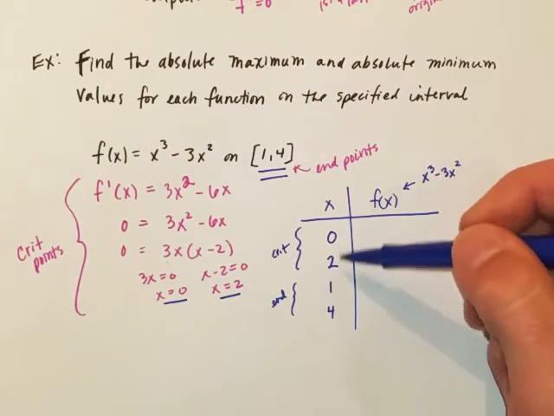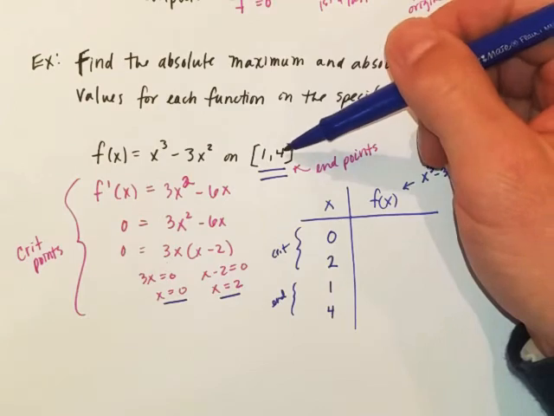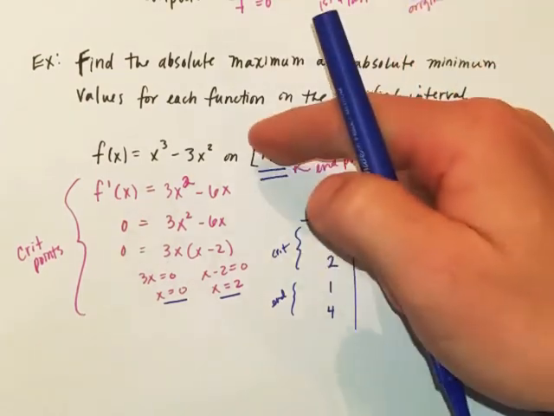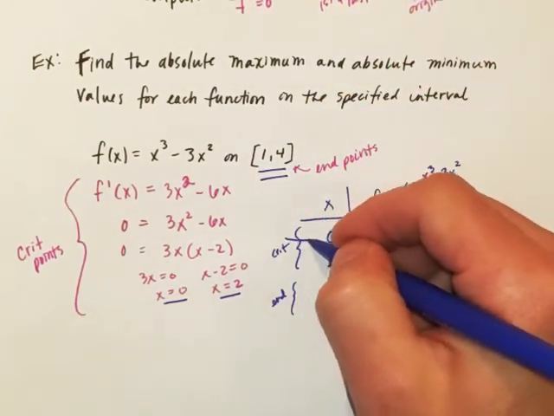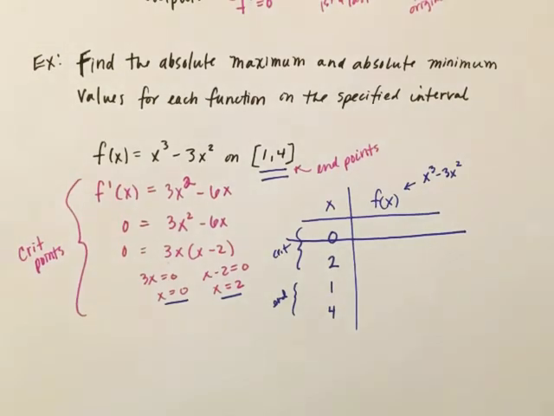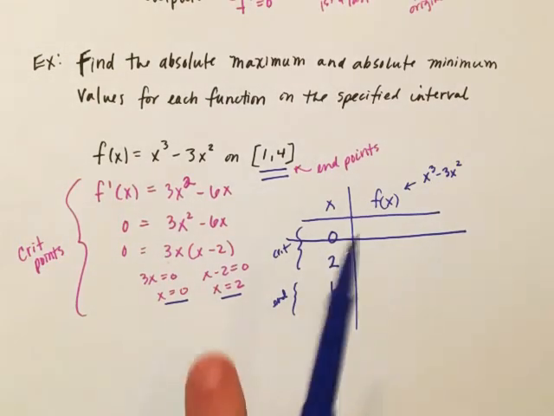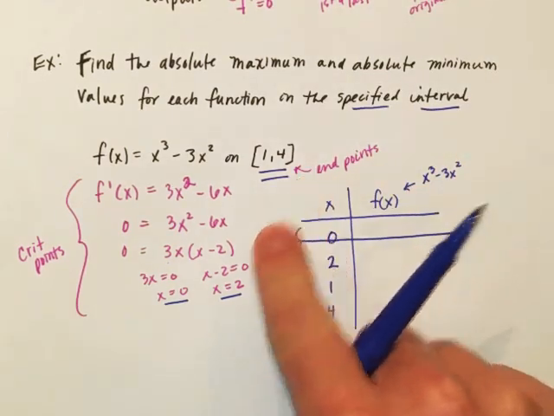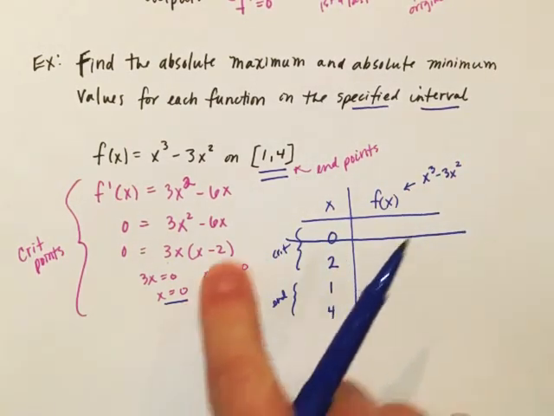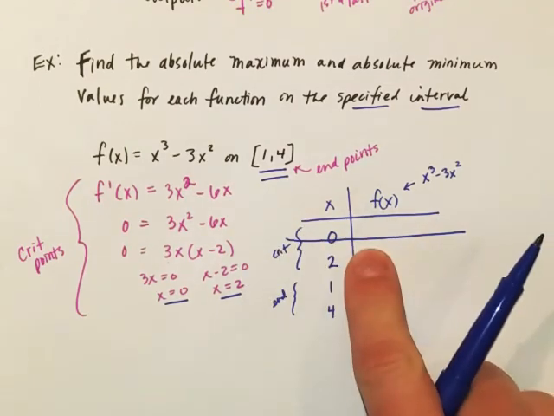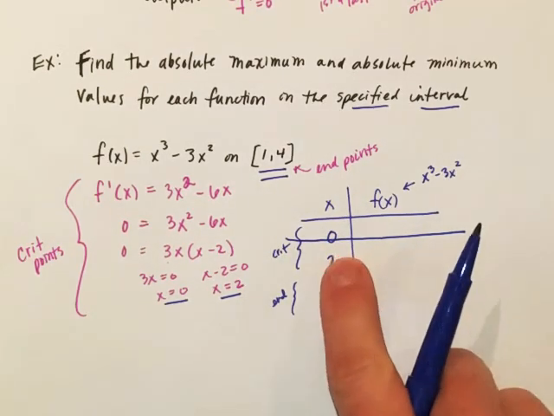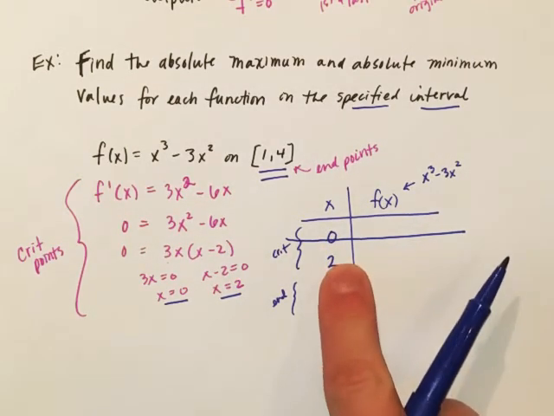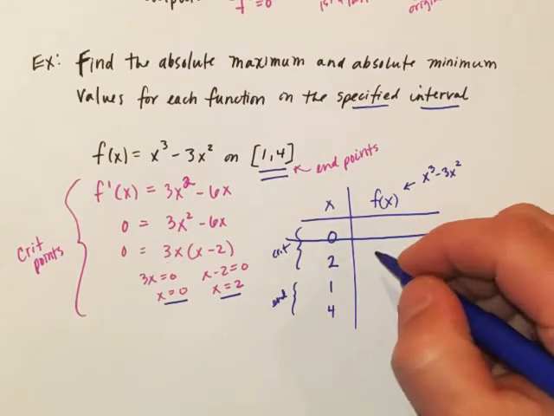Even though this is following the process, I have to make sure that it's on the interval specified, and actually 0 is not in that interval of 1 to 4. Even though it was a critical point, it's not in the interval, so I'm not going to plug it in. So really I just have 3 things to plug in here: 2, 1, and 4, into the original equation.